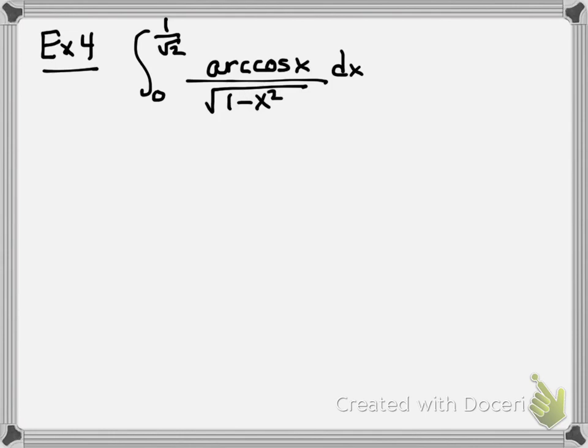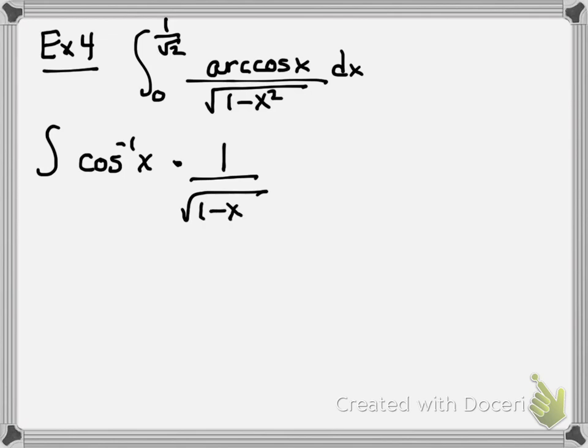All right, so you might think about this problem like inverse cosine of x times 1 over the square root of 1 minus x squared dx. So if you remember right, this happens to be the derivative of this.